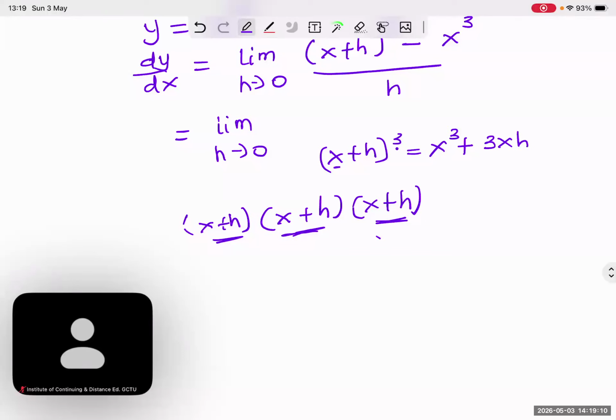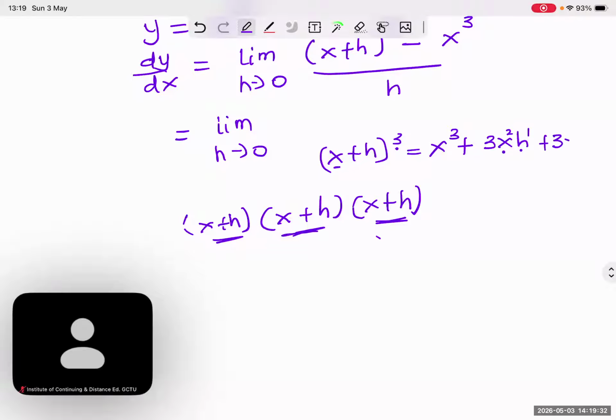Make sure that the powers you put on top of the x and the h sum up to 3, because the power for the entire expression is 3. So if we are introducing x and h, it means that the powers I put on top of the x and the h must sum up to 3. So I'll put 2 here and then I'll put 1 there.